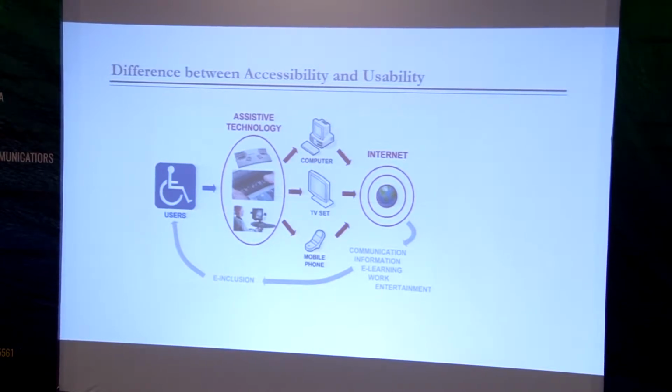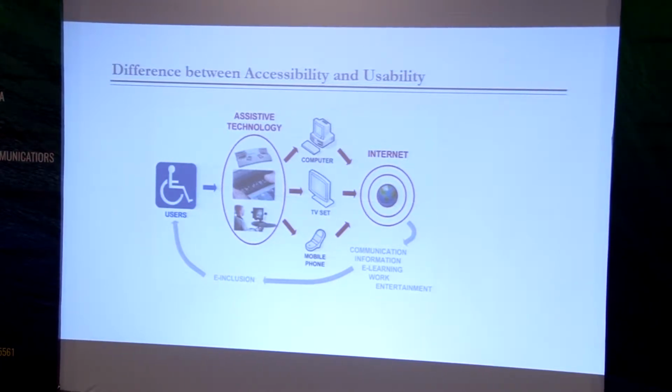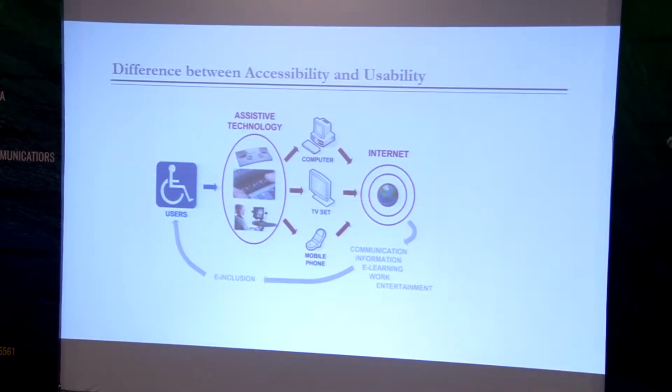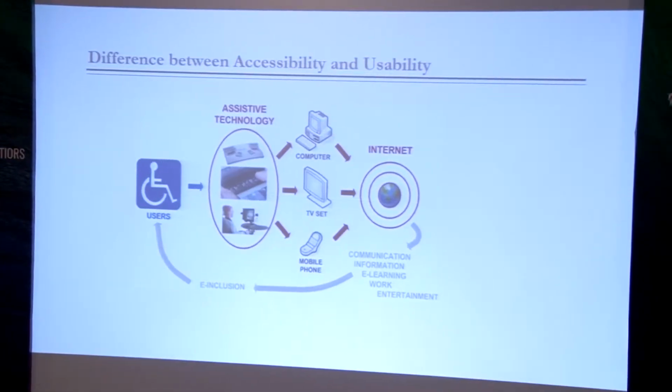Then there are different technologies which come into picture when we talk about accessibility and usability. I'll talk about usability in the next slide. First of all, let me talk about assistive technology, which is standing in between the users and the different devices.